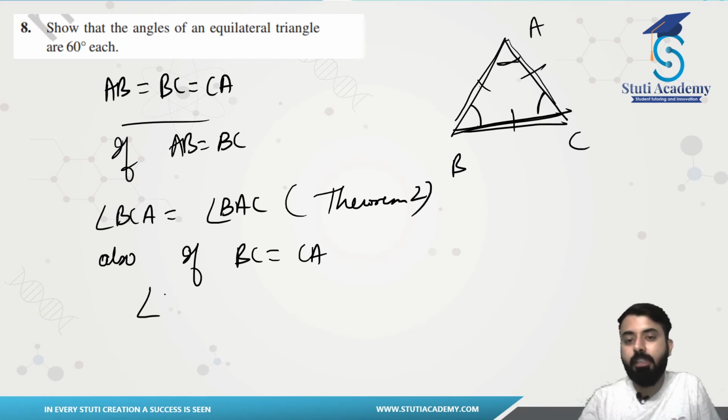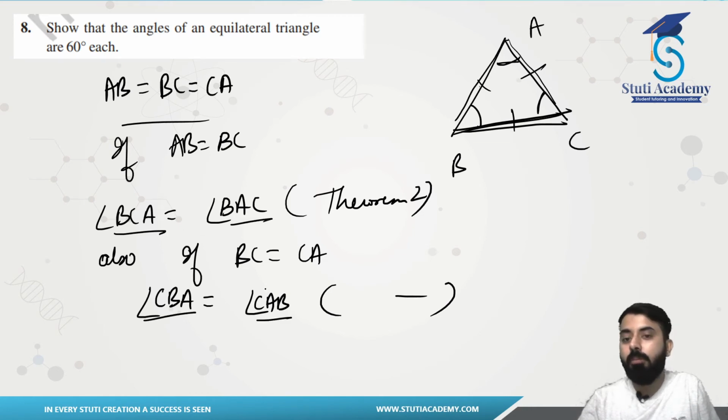That means angle CBA has to be equal to angle CAB, using the same theorem 2. Now guys, see, BCA is equal to BAC, CBA is equal to CAB. Both of the angles are equal, therefore I can say angle ABC is equal to angle BCA is equal to angle ACB. All three angles are equal.